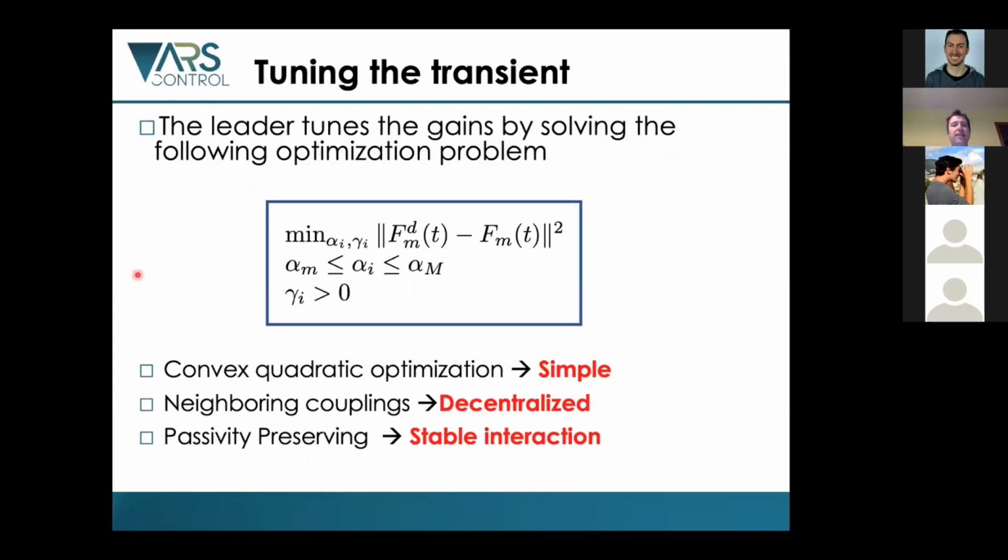And again, it's a super simple optimization problem. It's convex with super simple constraints. It's a convex quadratic optimization with neighboring coupling, so it can be implemented in a decentralized way. And again, it preserves passivity because the tanks allow enforcing passivity as a constraint. Passivity is always a constraint.